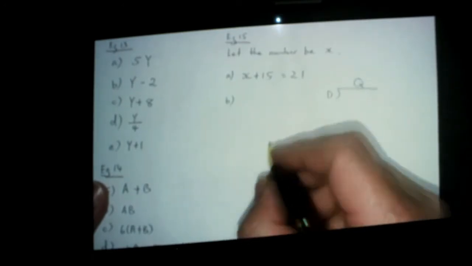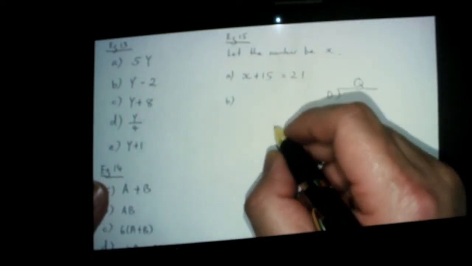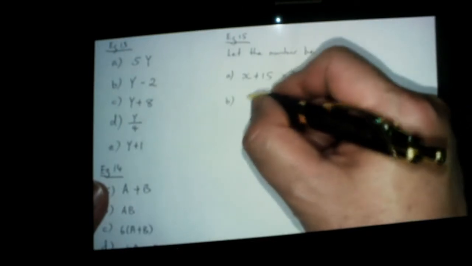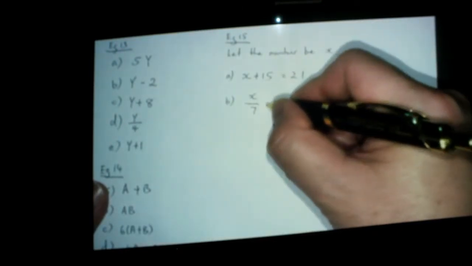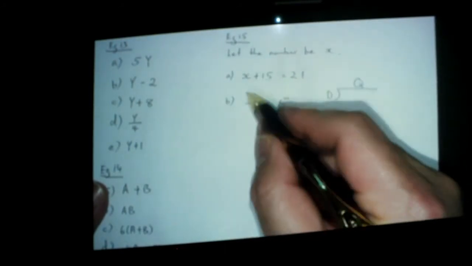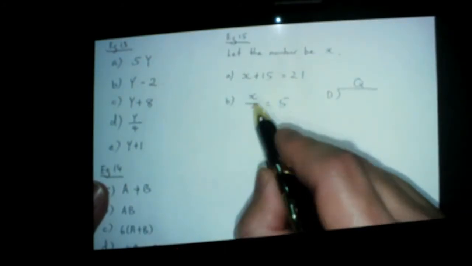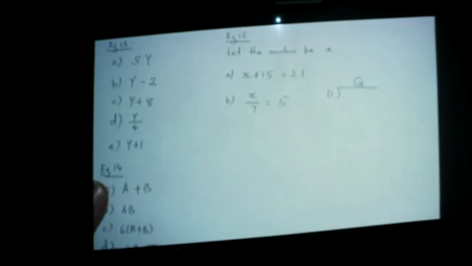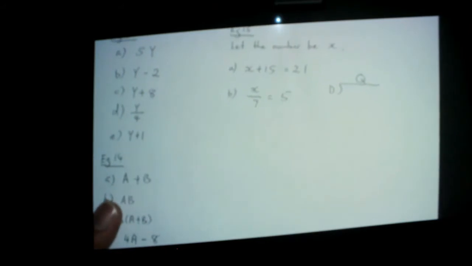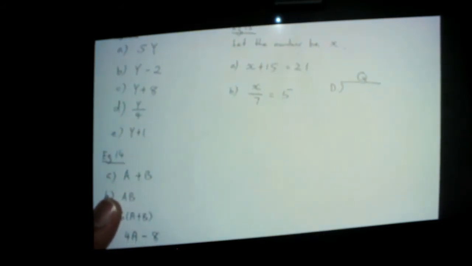So when we have the quotient of a number and 7, you have x over 7 equals 5. The quotient of a number, whatever the number, you divide by 7, that's the result of it. And that's how you get the answer. x over 7 equals 5. Hope all of you are able to understand this concept. It's not too difficult to understand.